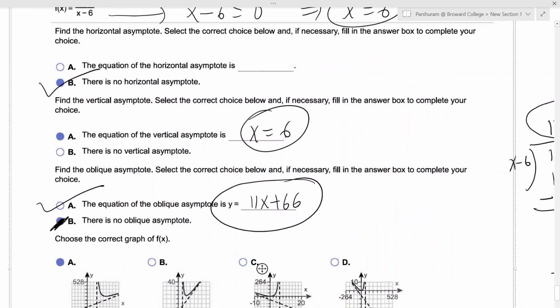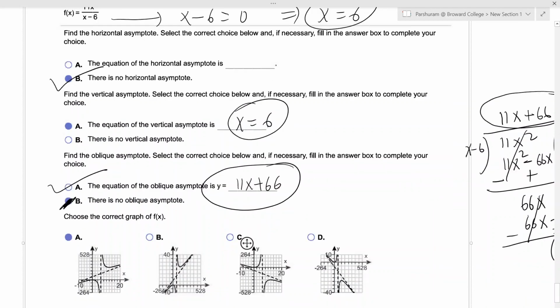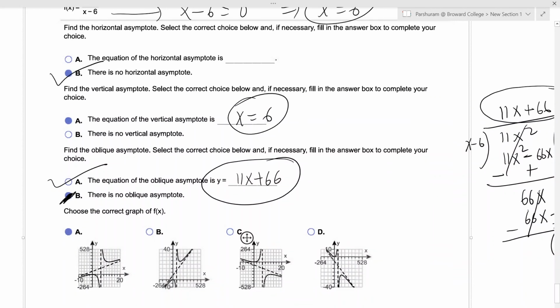You can also find some of the points. When x is 0, y is 0. So you can see that there are two graphs where x is 0 gives you y is 0. So this is not right. Oh, this is also 0 here. So this might be true, this might be true, this might be true.